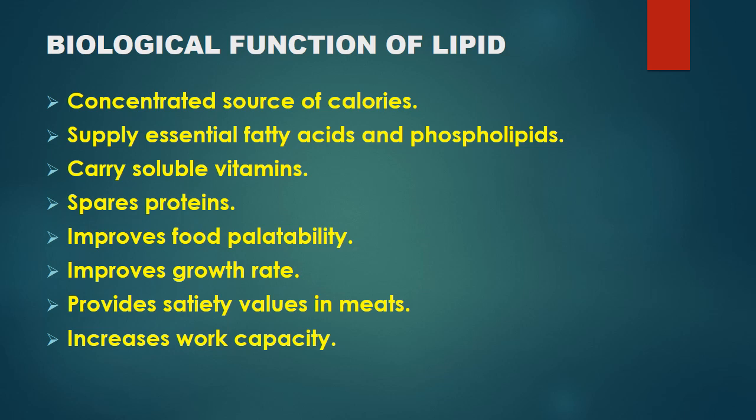The first one is a concentrated source of calories. Lipid is a very good source of calories, and it is recommended that up to 30% of the energy we can get from fats or lipids. Similarly, it supplies essential fatty acids and phospholipids. Some fatty acids we must consume through food because we cannot produce them, so they are called essential fatty acids.